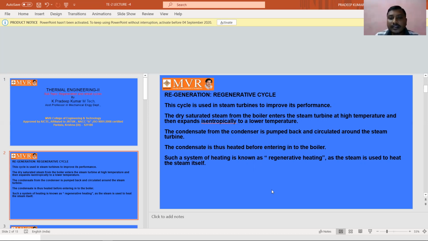The condensate from the condenser is pumped back and recirculated around the steam turbine.